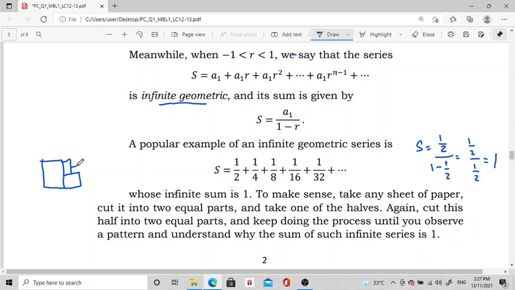Then, 1/16, 1/32, 1/64, and so on. If we continue yung process, alam naman natin that there's no way na lalabas sa 1 yung sum. So, if itutuloy-tuloy natin yan, mabubuo natin yung 1 whole. Kaya it does make sense that the sum of this is 1.